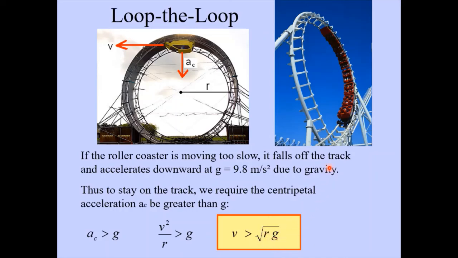So the engineers that design the roller coaster obviously have to make sure that the speed of the roller coaster exceeds this value, depending on the radius of this circle. Here for this one, here's the radius. They do these calculations to make sure that the roller coaster is going at a safe speed so that it'll stay on the track.